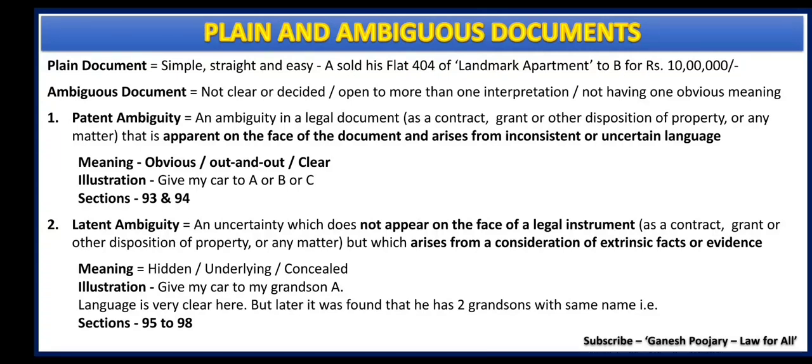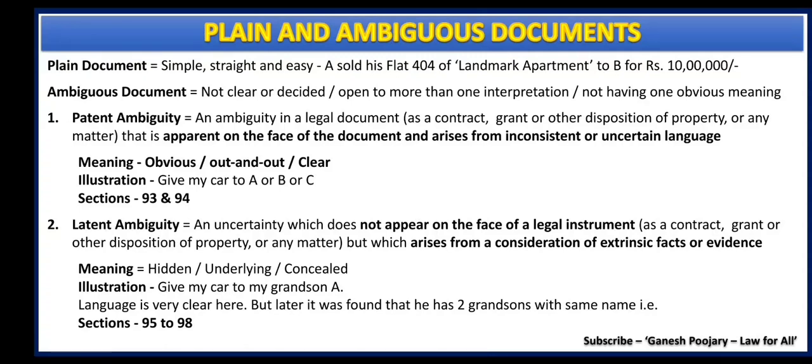When you see a contract or a grant or disposition of property or any other matter, on the face of the document, it looks all okay, but when you try to implement the same, there you will feel some difficulty. That is all about latent ambiguity, which is discussed between section 95 to 98.